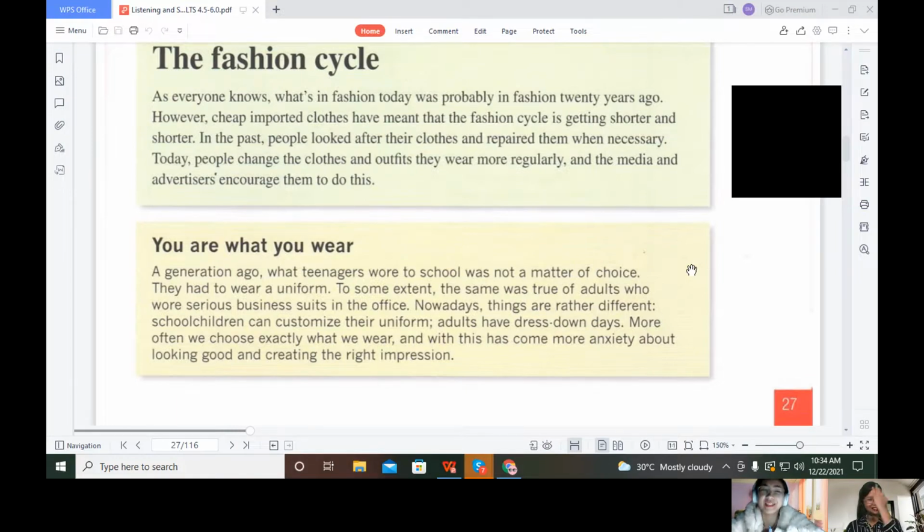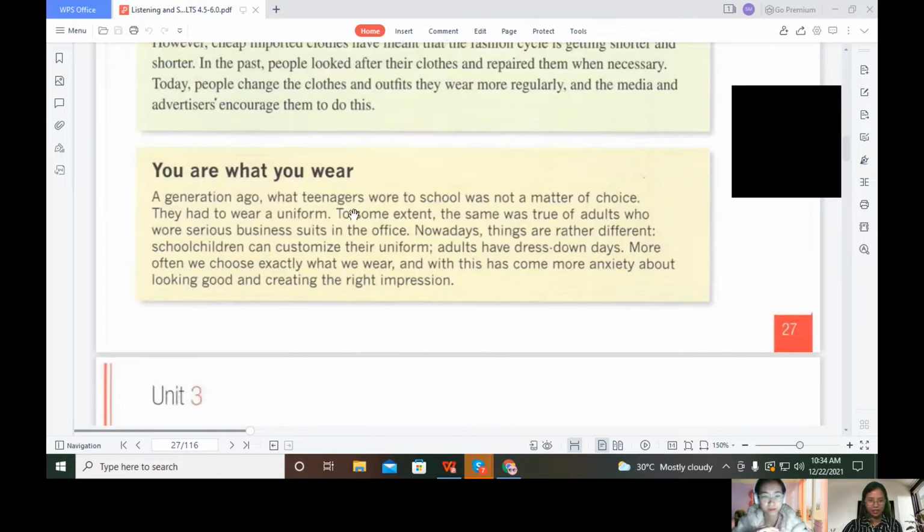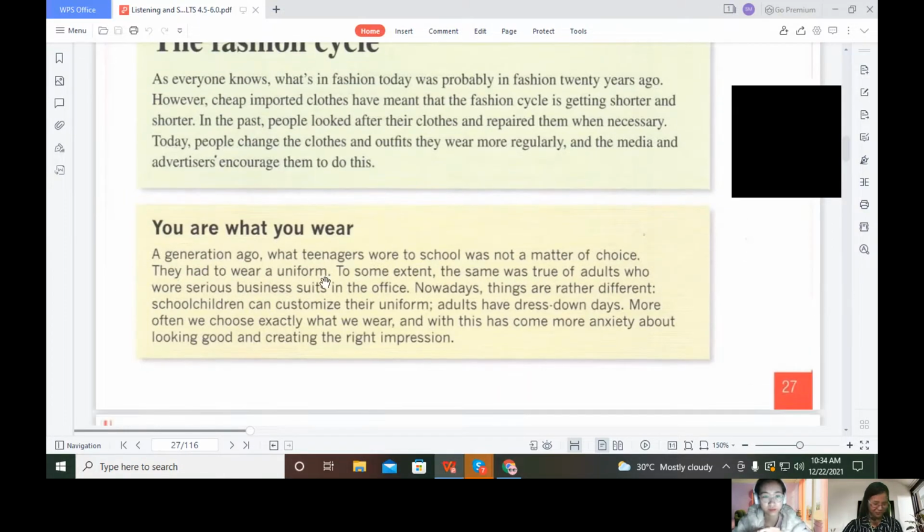But if it's a large tear, I feel it's so bothersome to do that, and then I will buy a new one. Okay, same thing with me. Very good. Now let's have the next one.